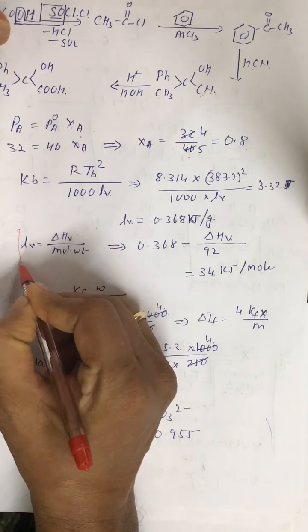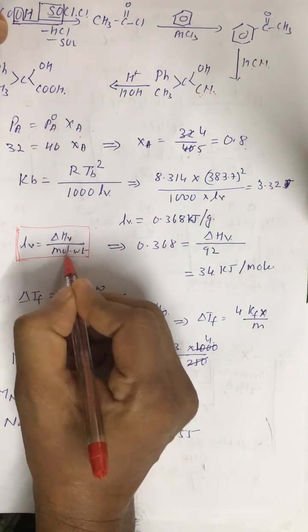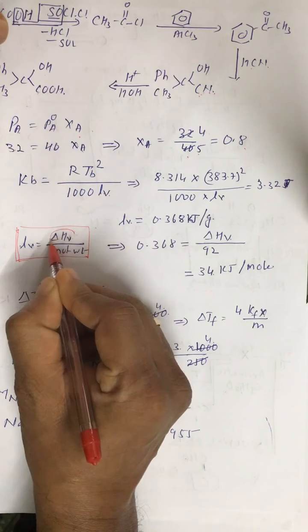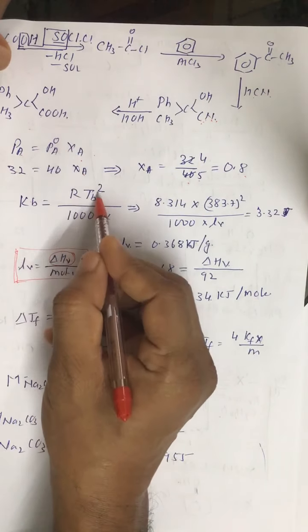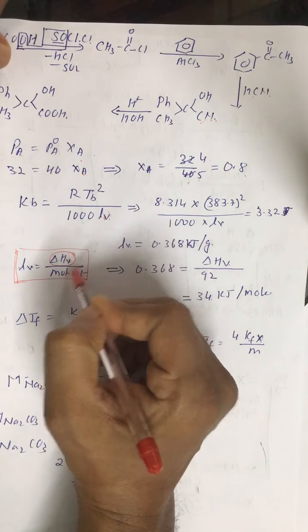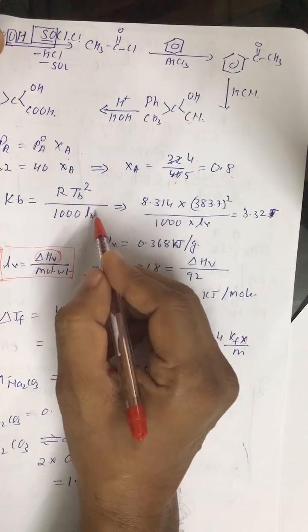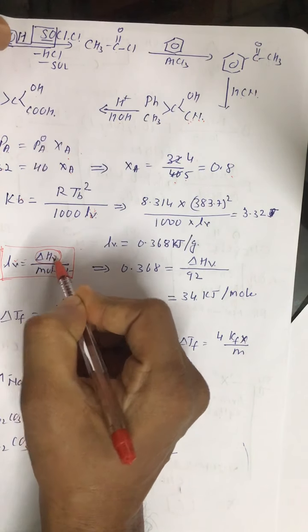Delta HV is basically the latent heat of vaporization, given by delta HV upon molecular weight. Actually we have to find out this thing. In the relation Kb is equal to R Tb squared upon 1000 Lv, we can put delta HV upon molecular weight directly, or you can solve for Lv first and then convert it into delta HV.